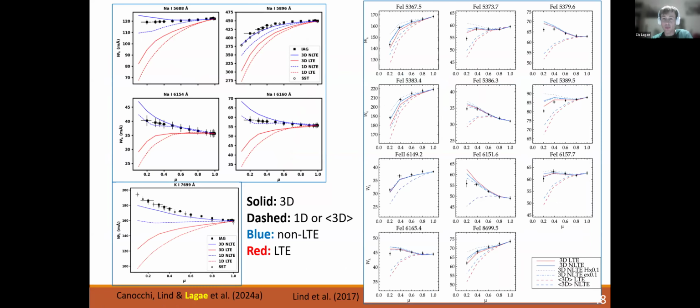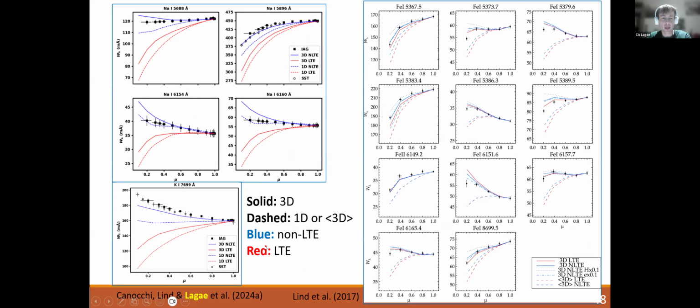Going to some more examples, here are all center-to-limb variations of line strength. On the left, we have sodium D lines and a potassium resonance line. And on the right, we have a lot of iron lines and one iron 2 line as well.